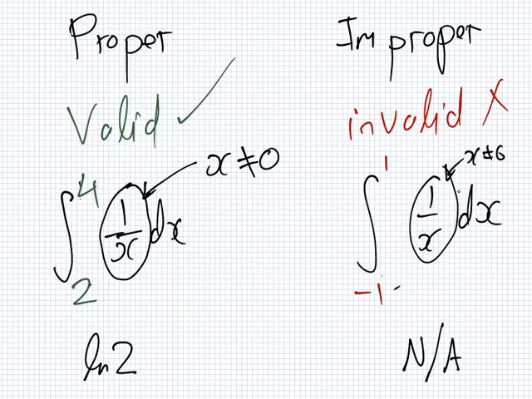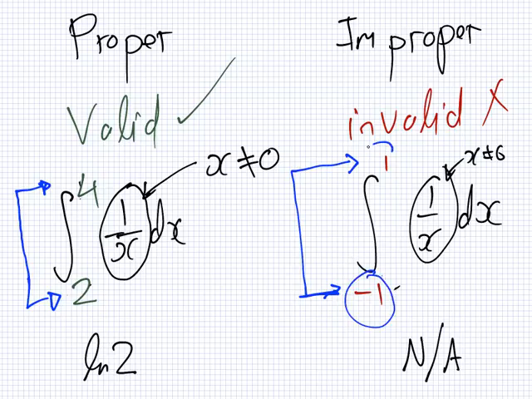So what you imagine is, you picture you start here, and if you go all the way to 4, do you cross any problem values? So you go from 2 to 4, everything is good here. But if you start at minus 1 and you cross to 1, you're crossing over 0 on your way from minus 1 to 1. And we're not allowed to use 0.